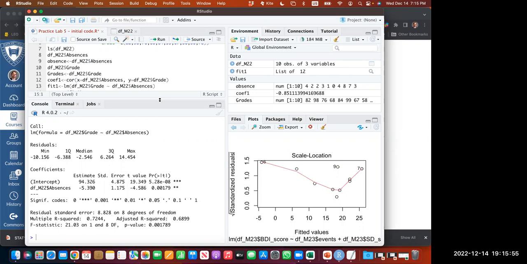And the method that was used has a name: it's called the least squares fit. So you minimize and find the least sum of squares.